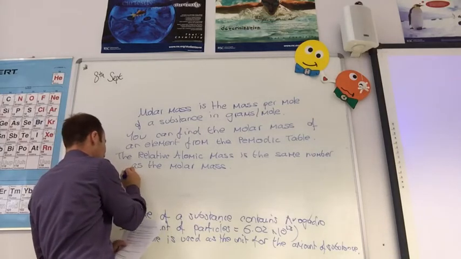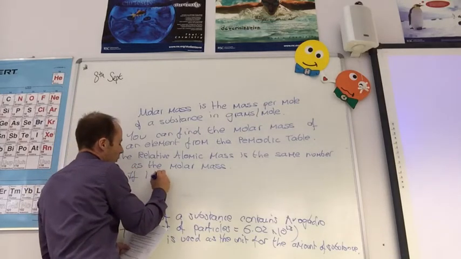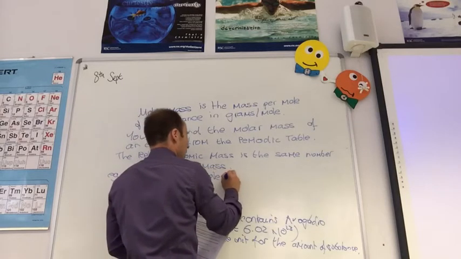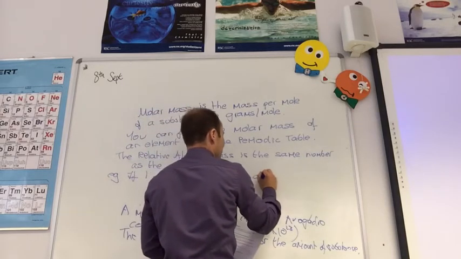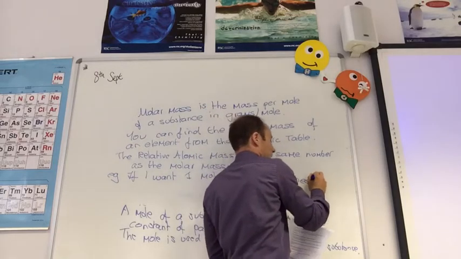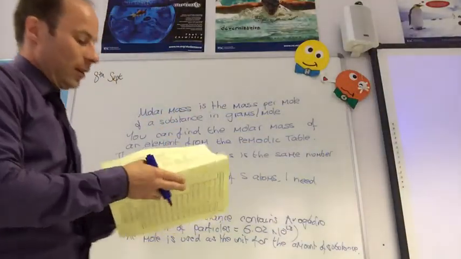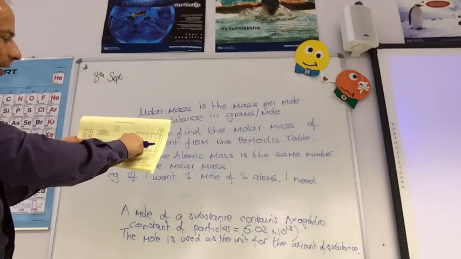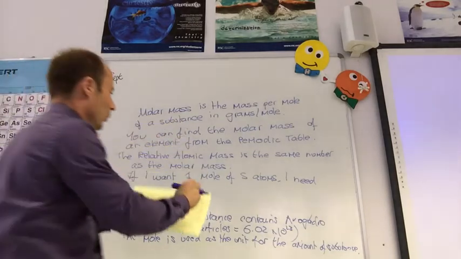For example, if I want 1 mole of sulfur atoms, I need, have a look on your periodic table, sulfur is 32.1.